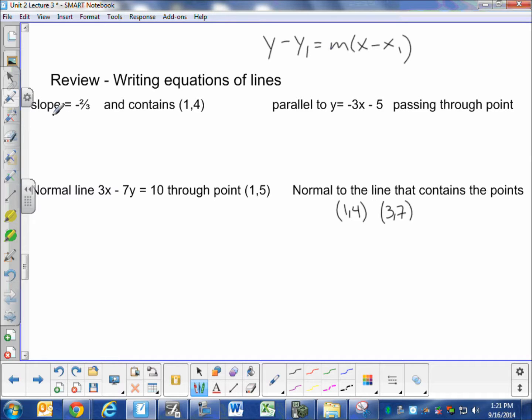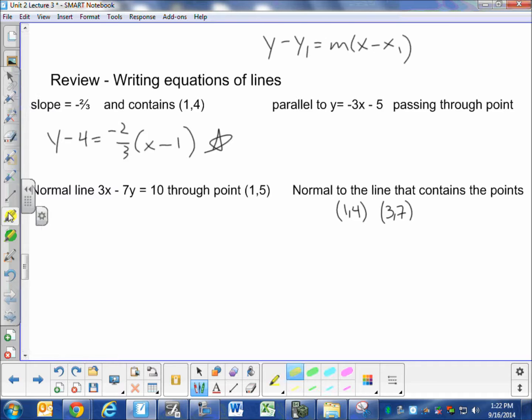Great thing, and I won't do all these questions, you'll just review this while you do your homework, is that on calculus tests, if you're asked to write an equation of a line with this slope and this point, you can just leave your answer like that. And you're done. This is the equation of a line. Just because you get y by itself doesn't make it less of an equation or a better equation.